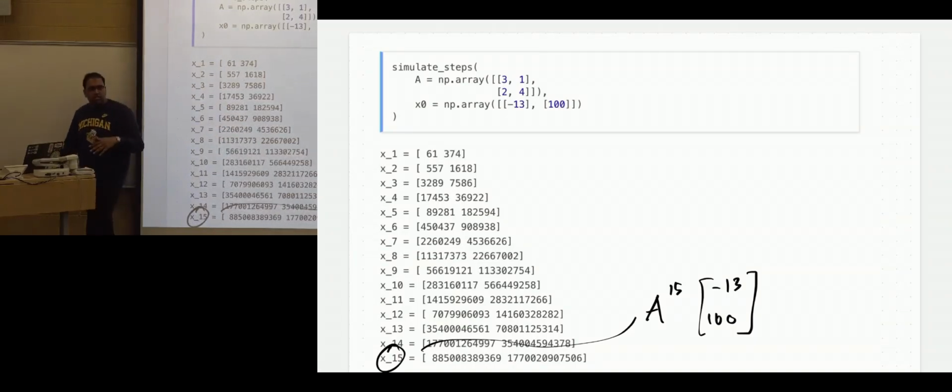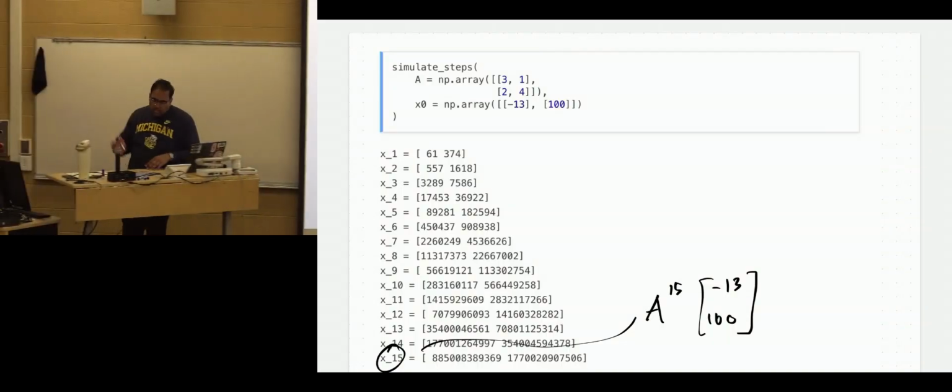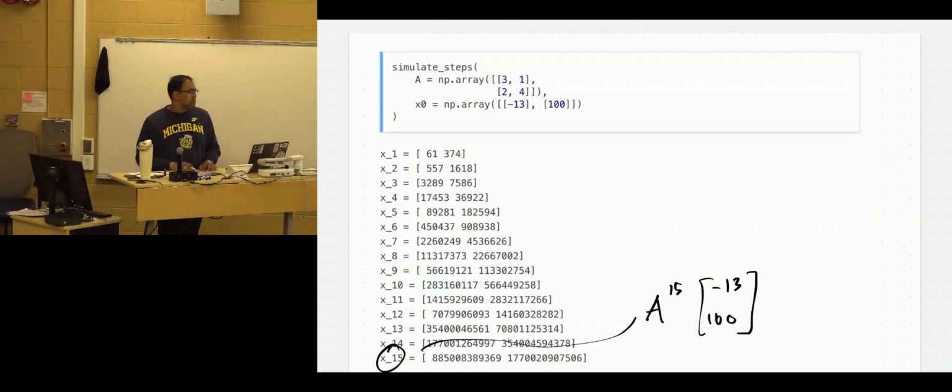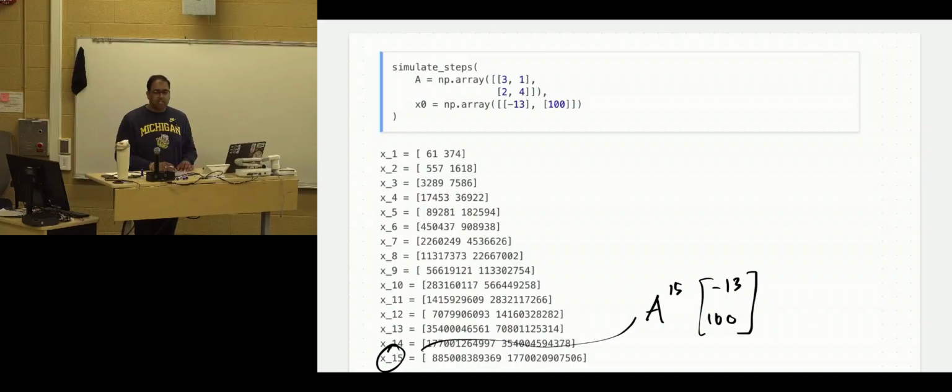And so these vectors, as we iterate more and more steps of this process, start pointing in the direction of the vector 1, 2. They're way longer than 1, 2, but they're just a scaled multiple of it. Do we buy that? And what's special about the vector 1, 2?